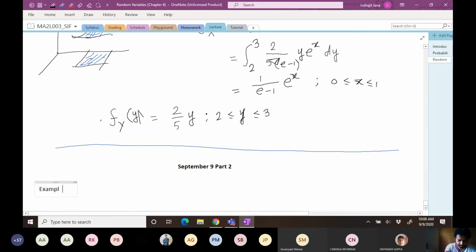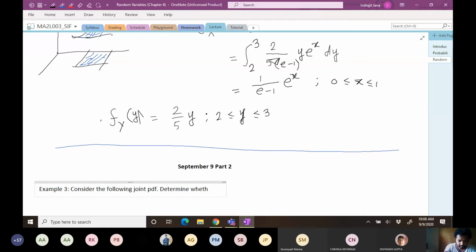Example 3. Consider the following joint PDF. Determine whether the random variables are independent or not.